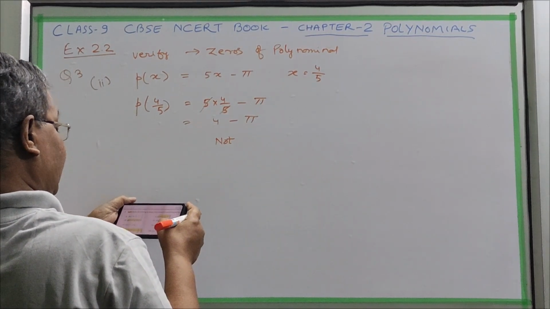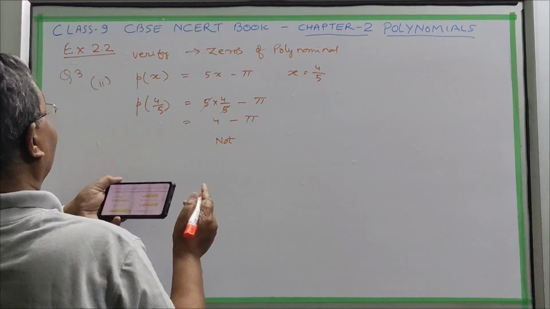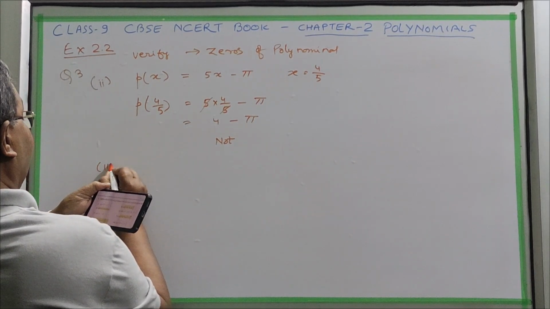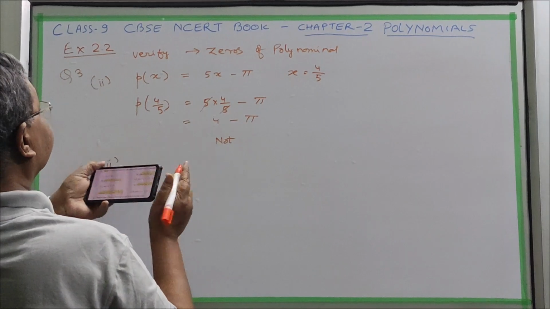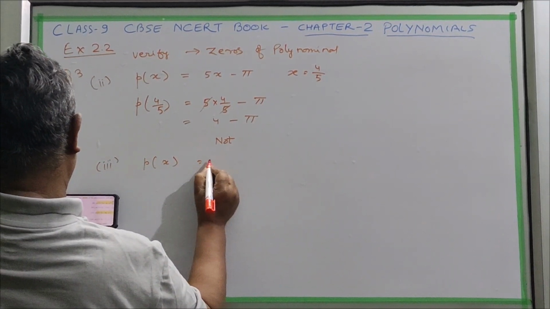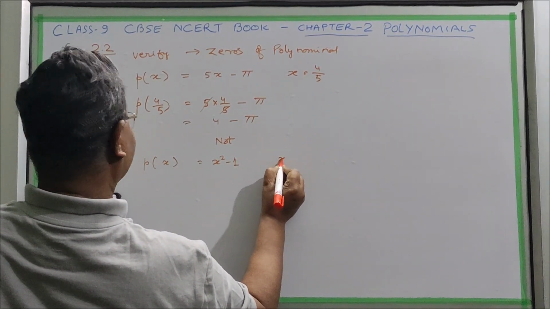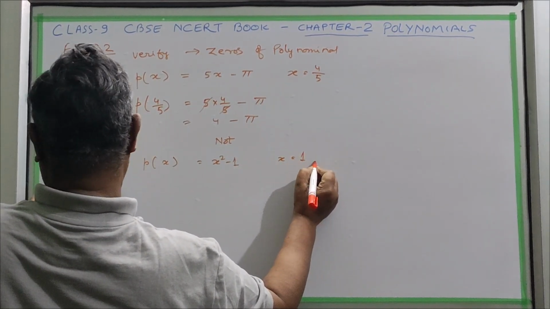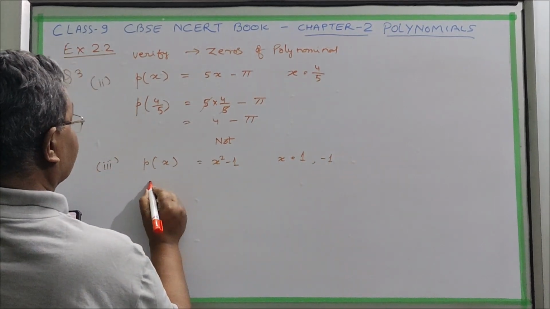Now we will take another question, the third question. P(x) is equal to x square minus 1, where x is equal to 1 and minus 1. So we will solve one by one.